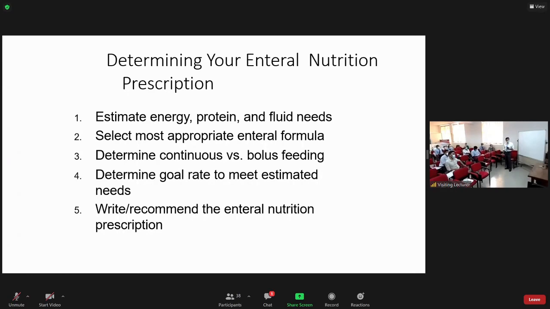Sometimes we don't advance feeding at once. If the patient is at high risk of refeeding syndrome, we gradually advance feeding to prevent complications. And not only refeeding syndrome, the surgical team also has certain factors to consider regarding advancement of the feed. So depending on their recommendation, we gradually increase feeding. Considering all those facts, we write the enteral nutrition prescription.